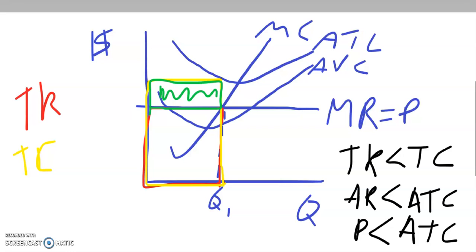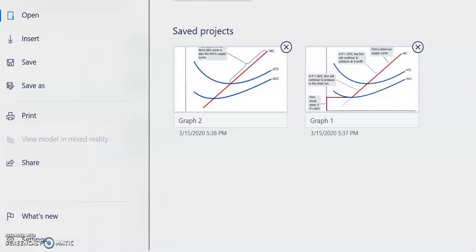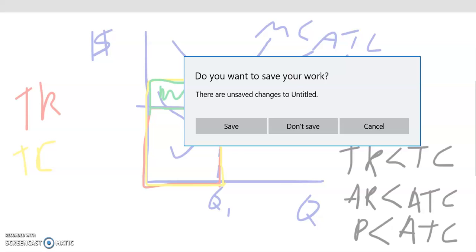Okay, and let's look at a different firm also taking a loss. All right, let's look at this firm taking a loss here. This firm is also going to be taking a loss, but it's going to be different than the one we just did.